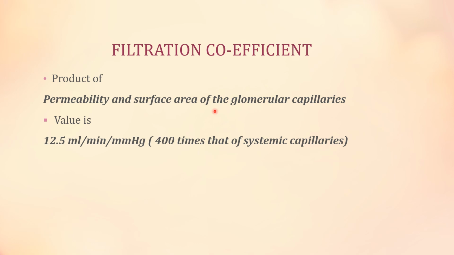It is 12.5 ml per minute per millimeter of mercury in the kidneys, and per unit of surface area it is 400 times that of any systemic capillary. So permeability and surface area of the glomerular capillary is 400 times that of systemic capillary. Large filtration coefficient, multiplied by the net filtration pressure, gives the value of GFR.